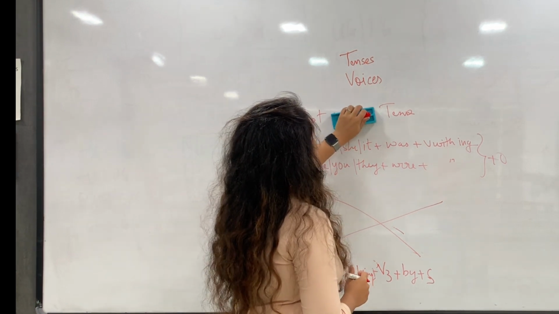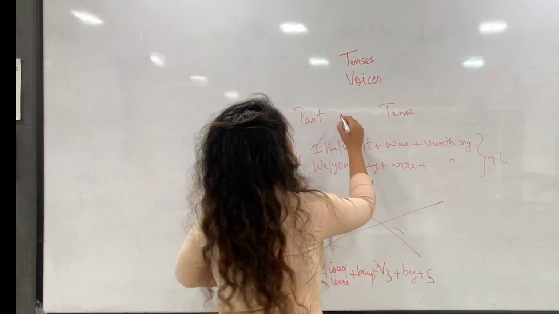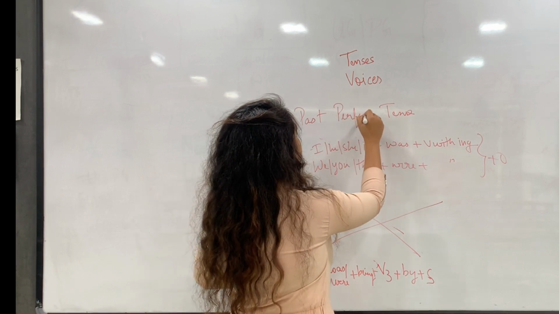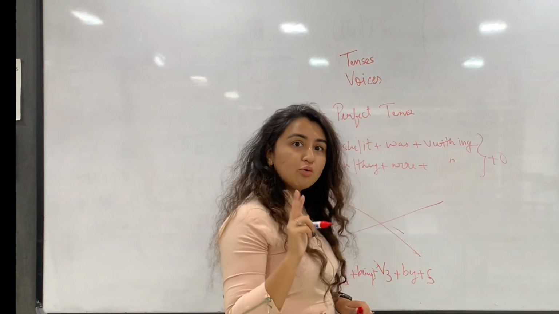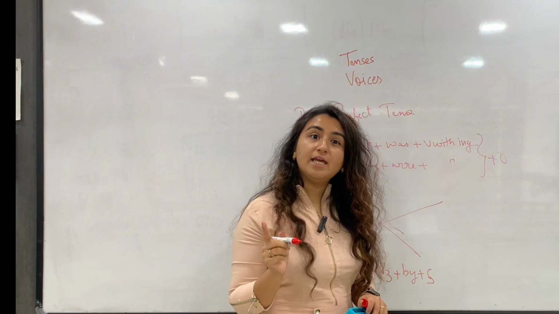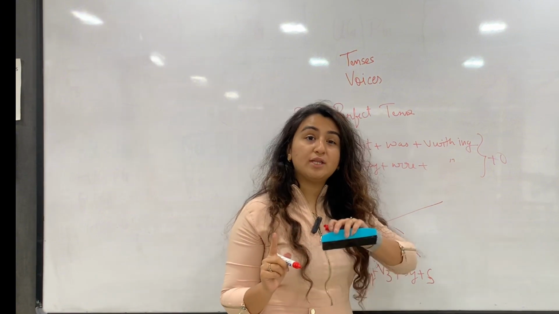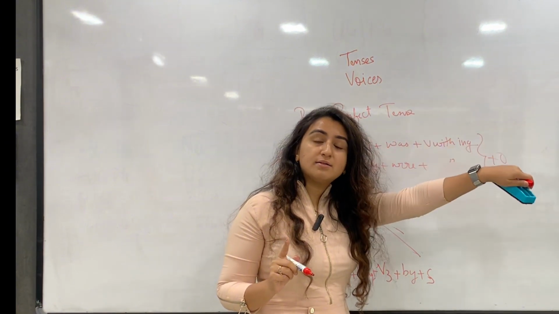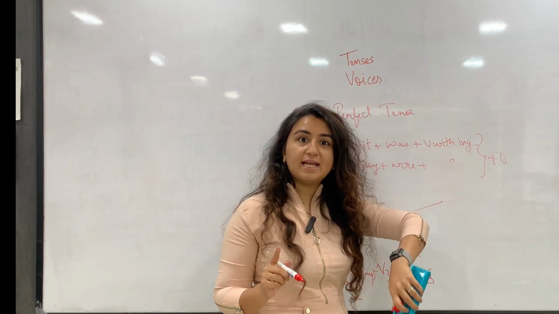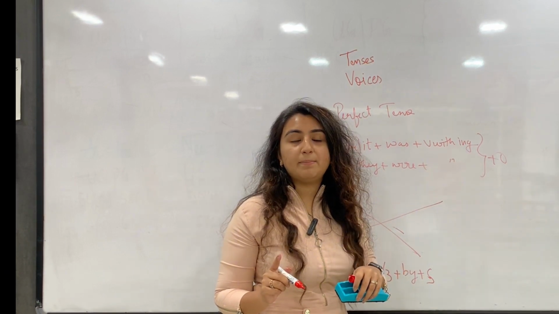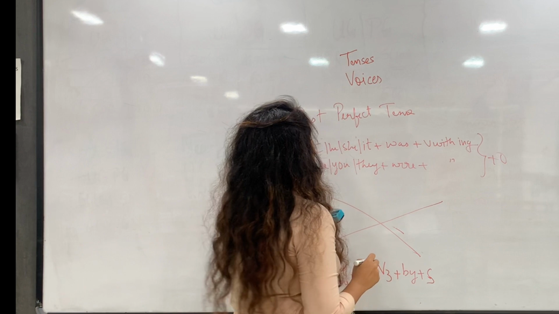Past perfect tense you don't use much, but still I will just give a very quick brief. When you want to talk about two past activity, you use past perfect tense for the activity that took place first, and for the second activity you use simple past or past continuous tense.